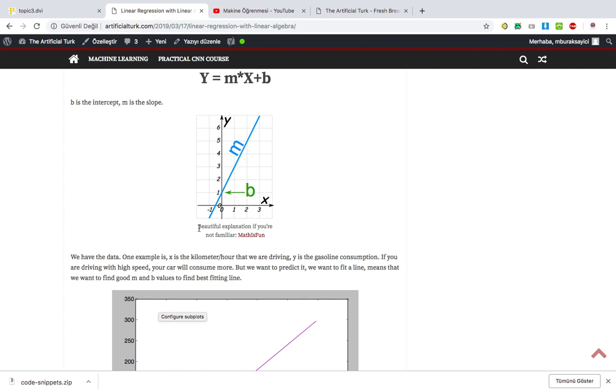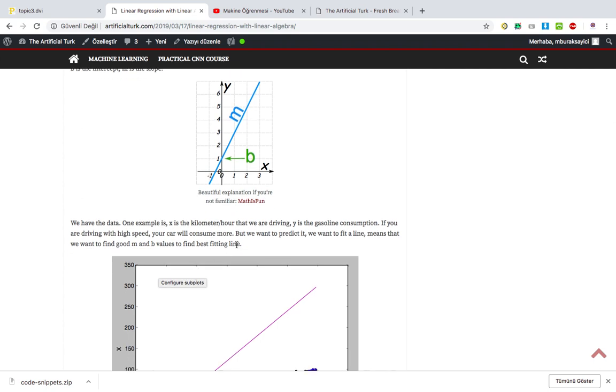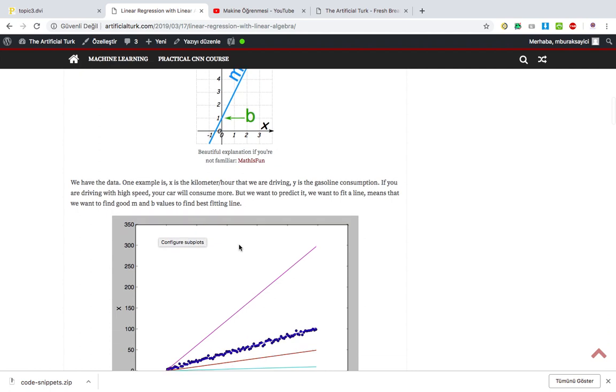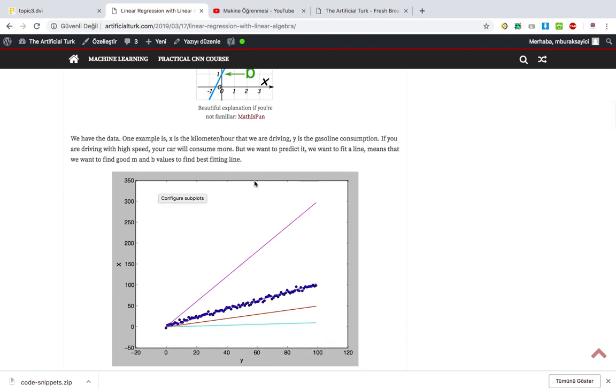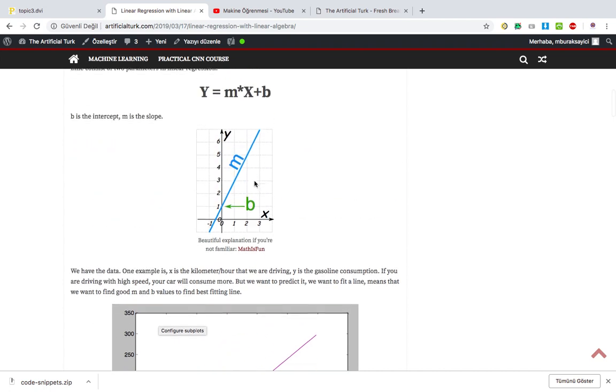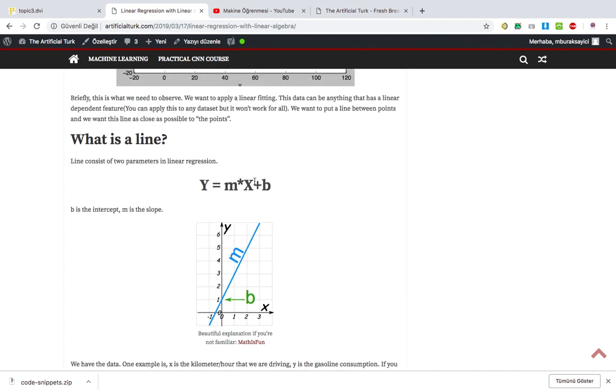So if you are driving with high speed, your car will consume more, and you want to predict it, and you want to fit a line on it. You want to fit a line on your data, and it means that you want good parameters for the best fitting line.